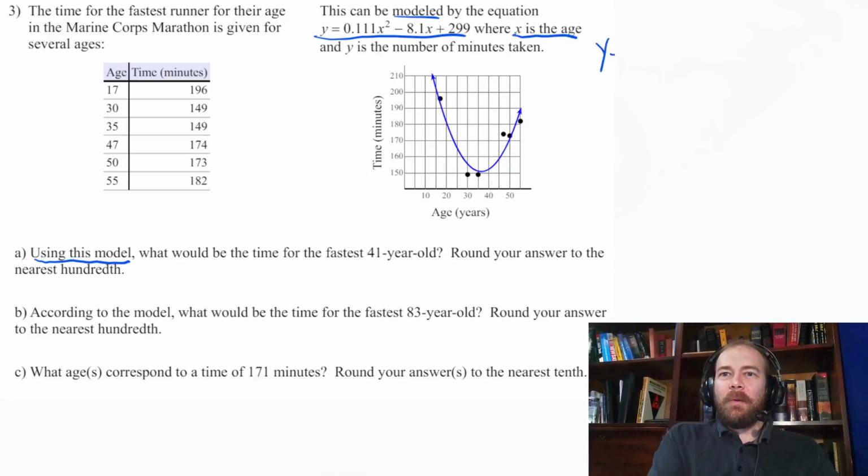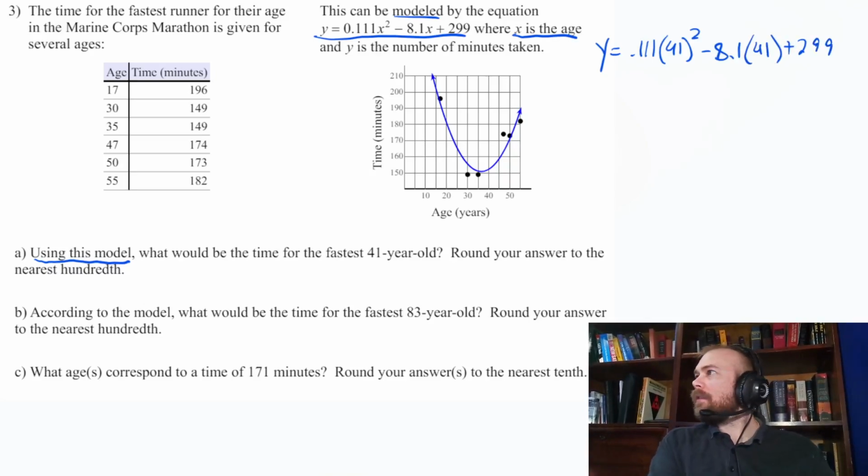So y is equal to 0.111 times 41 squared minus 8.1 times 41 plus 299. Can you guys see all that? Okay.